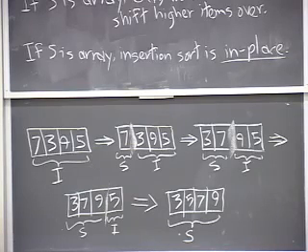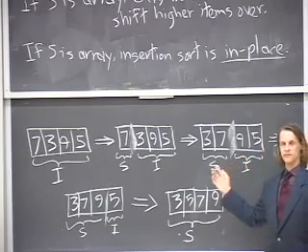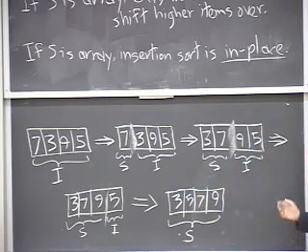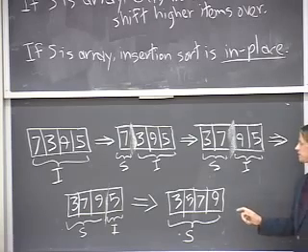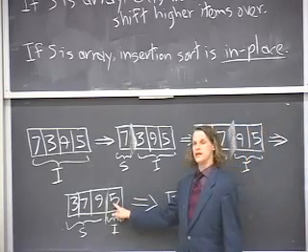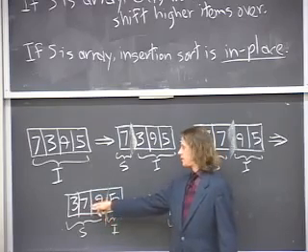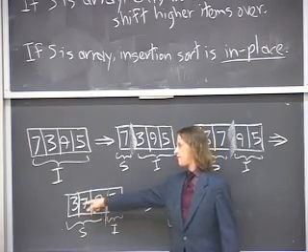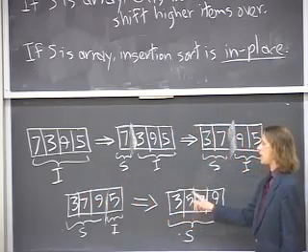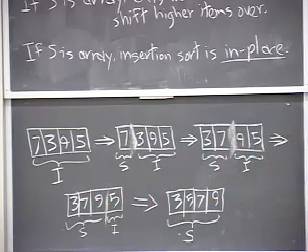So there's a couple of useful facts about insertion sort that you might like to know. I'll just go over one quickly. One of the nice things about insertion sort is that if you have a list that's already almost sorted, it can run much faster than quadratic time if you implement it right. Implementing it right means that when you're inserting an item, you start at the back of the sorted list and you walk forward until you hit a number that's less than 5, and as soon as you do that, you stop and you insert the 5.